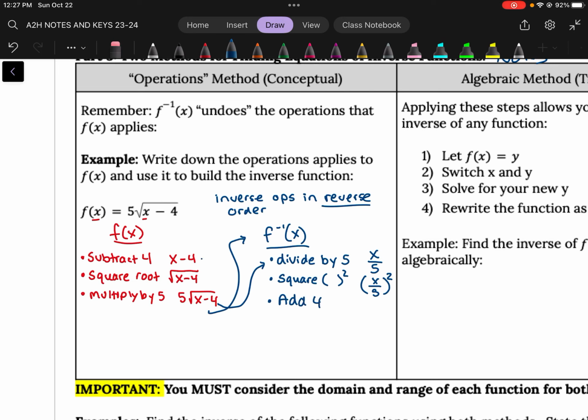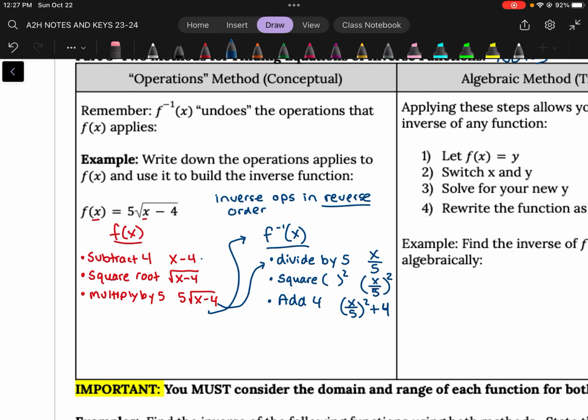So from this one right here, subtracting 4, I'm going to take this and now add 4. So we see that these operations build this function up. Now it's very important that we do it in the correct order. Otherwise, you might have the 4 in with those parentheses. What we're doing to x is we're dividing it by 5, squaring what we have, then taking everything we have and adding 4 at the end.